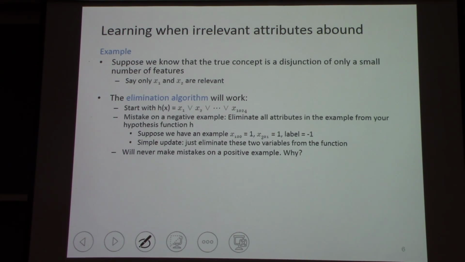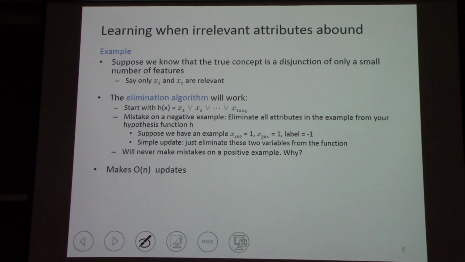What this means is, at most, if you have n variables, in the worst case, this algorithm will make O of n mistakes. It can make up to n mistakes, because every mistake will eliminate at least one of the bad variables, and there are only n variables in all, so the number of mistakes has to be less than n. So it's linear.